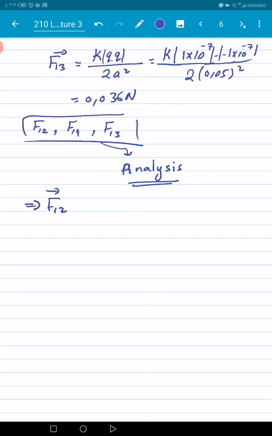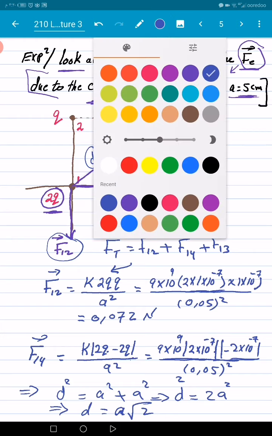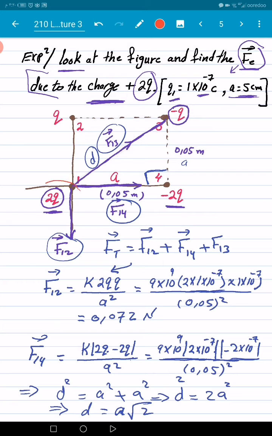All thing now it is mathematics. So analyze the forces in x and y. How can I analyze? So F12, if I return back to F12, so the force has only, if you check it here, only in y and no force in x.